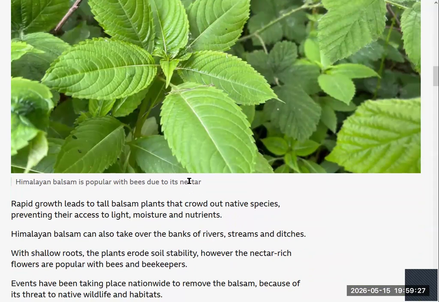So what is nectar? It's a small liquid in a plant, in the flower of a plant, which comes in a period of blooming.